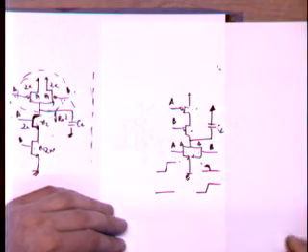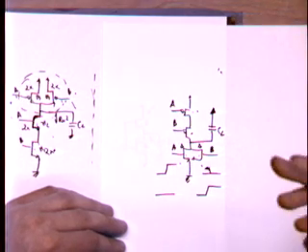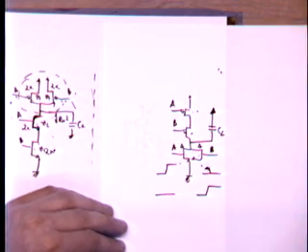So in this case, there is only one value of T low to high. This value happens when both inputs end up being at 0, okay?